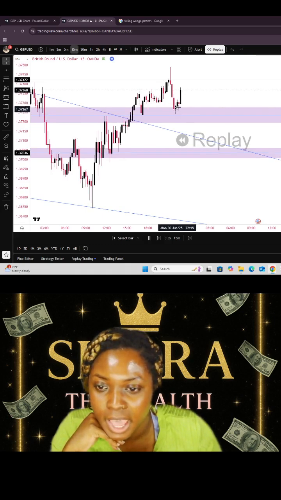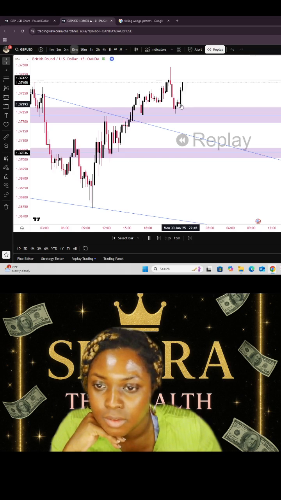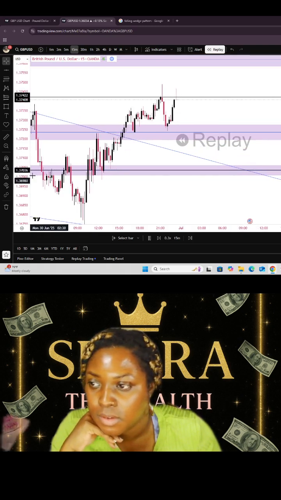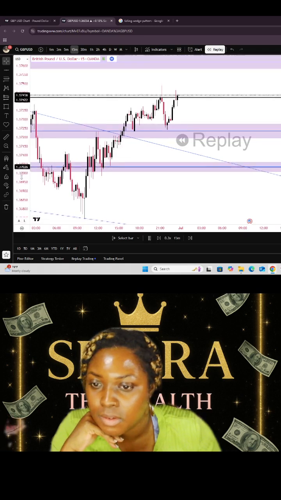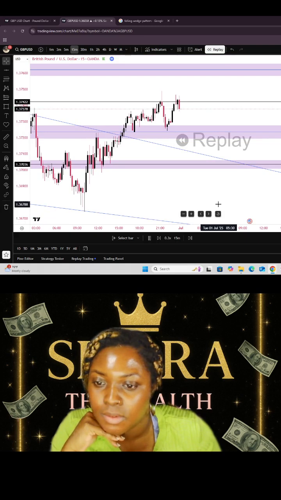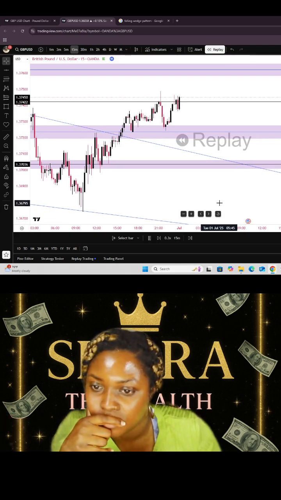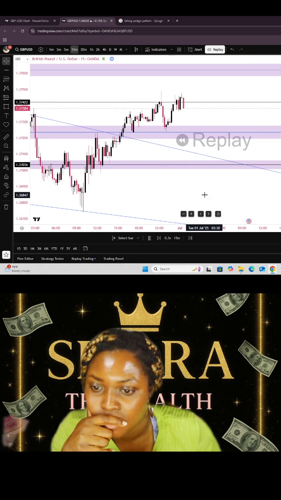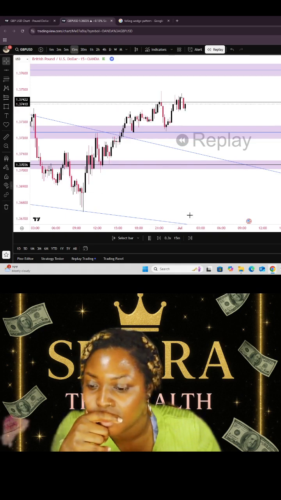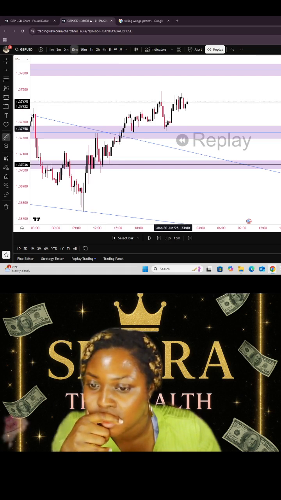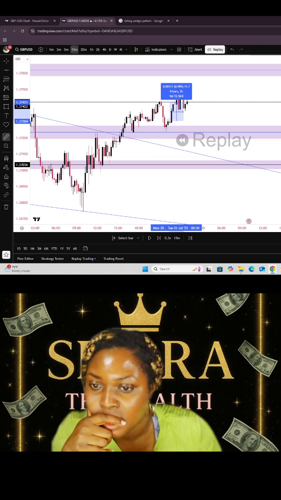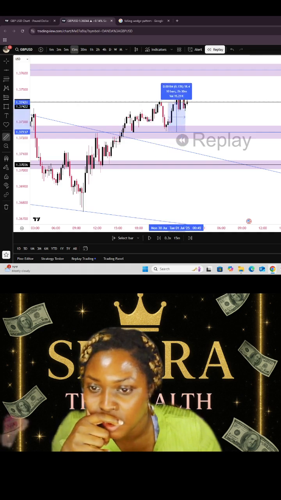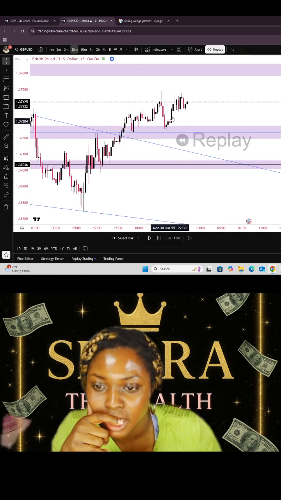This is Monday Asia session. These zones are only a few pips, which is why I'm not trying to take this buy, right?